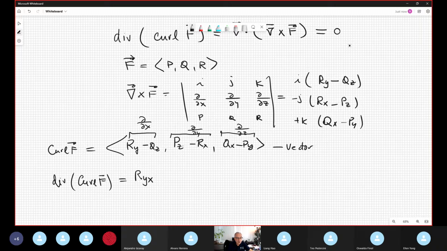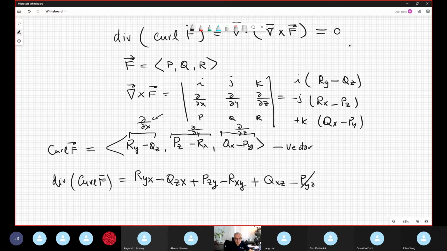We are doing the derivative with respect to y first, and now secondly with respect to x, minus Q_zx. Plus the derivative with respect to y is P_zy minus R_xy, plus the partial derivative of Q with respect to x and z, minus the partial derivative of P with respect to y and z.